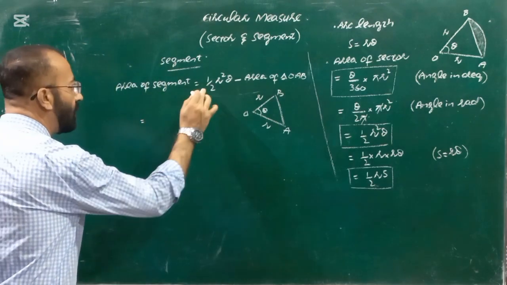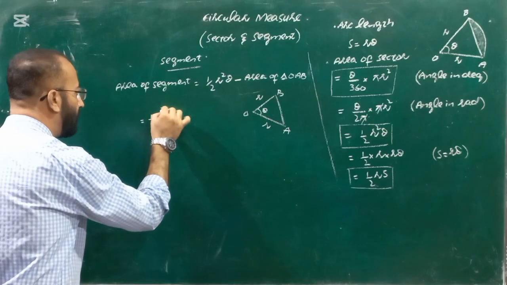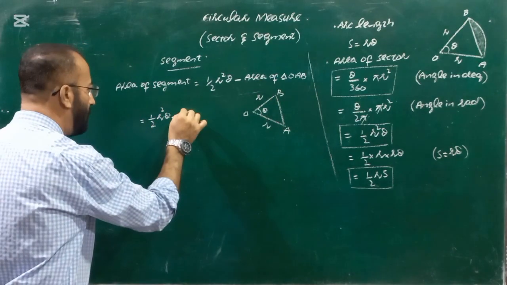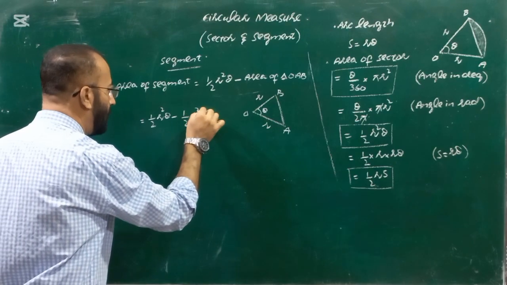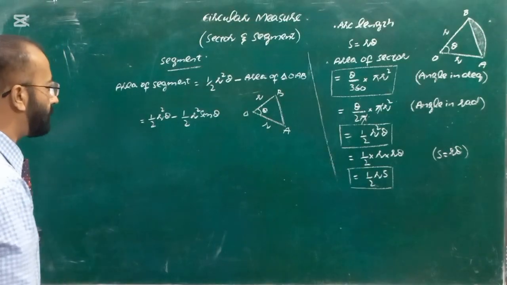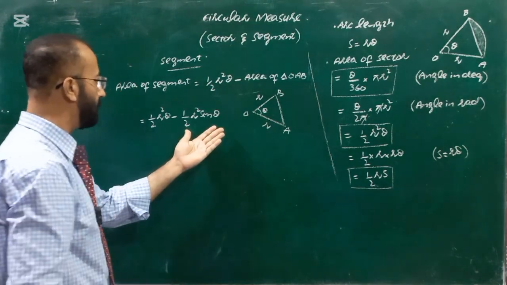So this 1 by 2 r square theta will remain as it is, minus area of triangle will be 1 by 2 r square sine of internal angle. So this is the formula for triangle.